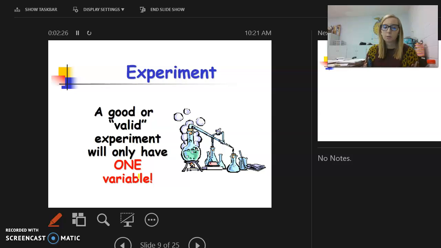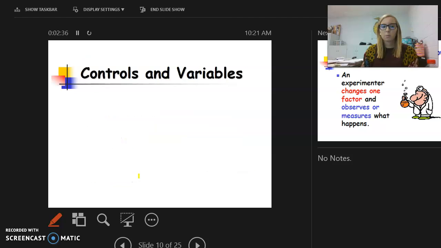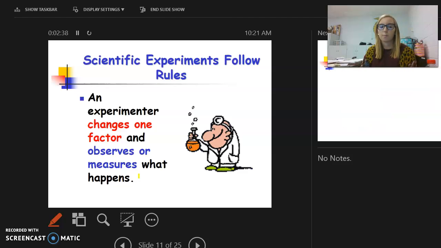When you try to test multiple things, something always goes wrong or it makes your experiment not correct. We're going to have controls and variables and we'll talk about those. But an experimenter changes one factor and observes or measures what happens. That's why you're only picking one factor. You're going to pick one factor and observe and measure that factor.